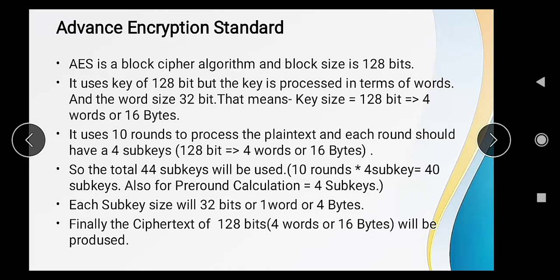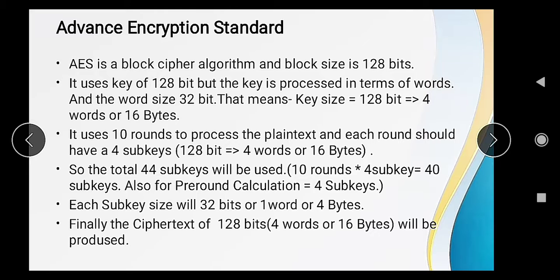It has 16 rounds, sorry, it has 10 rounds, so for each round we require 4 sub keys, meaning 128 bits, meaning 4 words, meaning 16 bytes for the encryption purpose. So we can calculate that for 10 rounds multiplied by 4 sub keys, a total of 40 sub keys are used for 10 rounds.